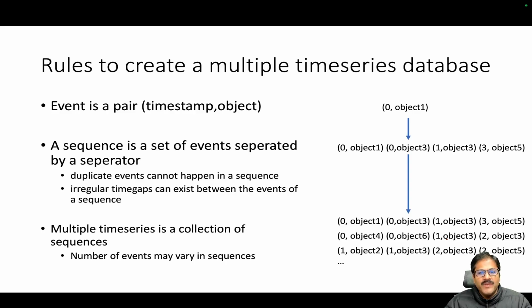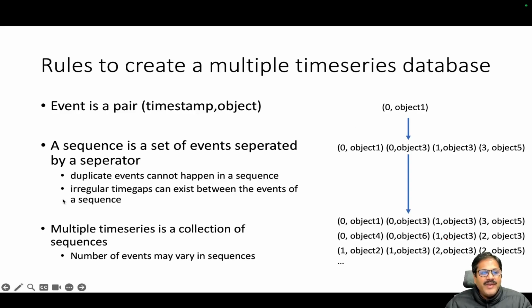First, multiple time series data is organized as events. An event is a pair containing a timestamp and an object. The first element in the event must always be a timestamp, followed by an object.